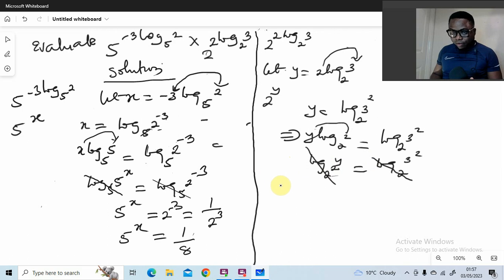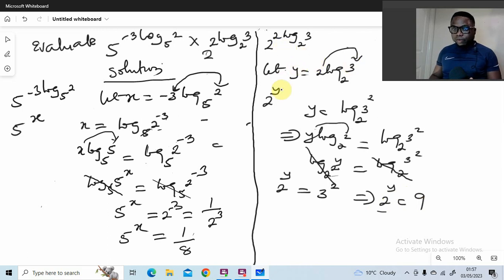Now I'll have 2 exponent y is equal to 3 raised to the power of 2. 3 raised to the power of 2, we know in mathematics and indices, is 3 multiplied by itself twice, which is 9. I now have 2 exponent y as 9.